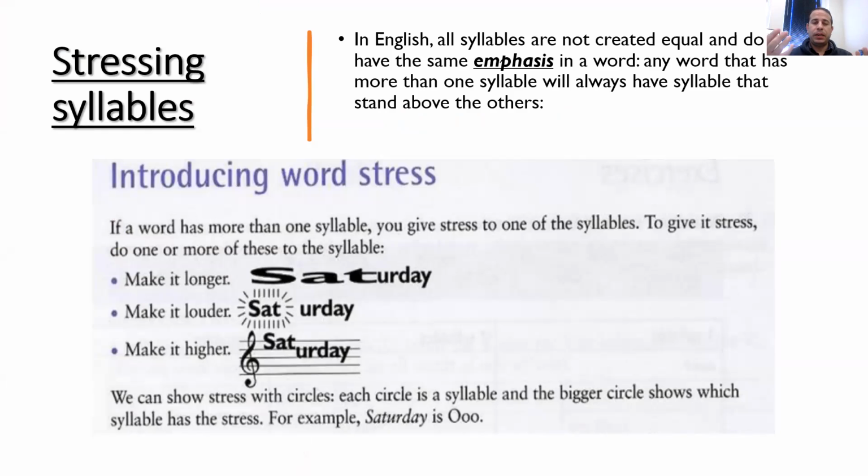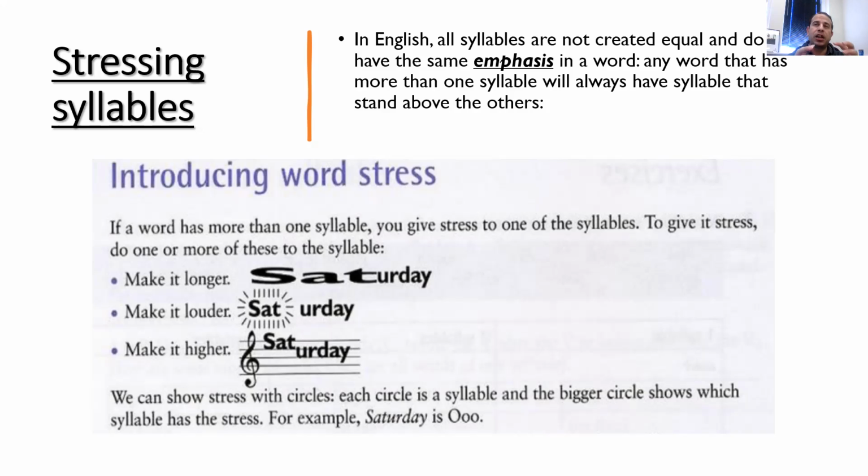One of them must be special, the precious one, the one that is given the whole amount of attention and the whole amount of care within the word. So here in English, whenever you have a word that contains more than one syllable, one of these syllables must be stressed. And what do you mean by stressed syllable?